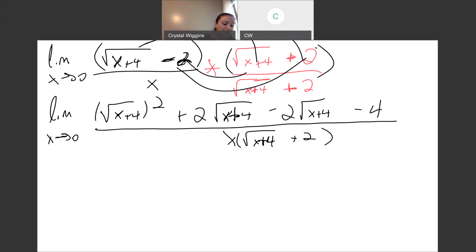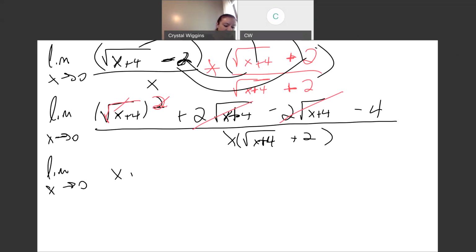Now, what's cool about using the conjugate is that it works this way every time. That is the whole point of multiplying by the conjugate: you're squaring a square root, meaning they cancel, so that square root's gone. This is a positive and a negative form of the exact same term, so they cancel. That will happen every time as long as you properly set up your conjugate. So now we're still trying to take the limit as x approaches 0.